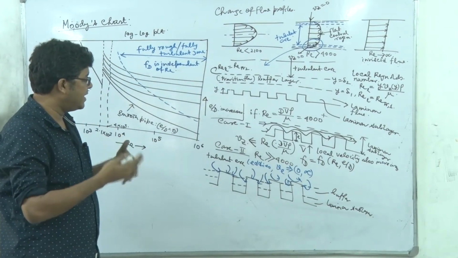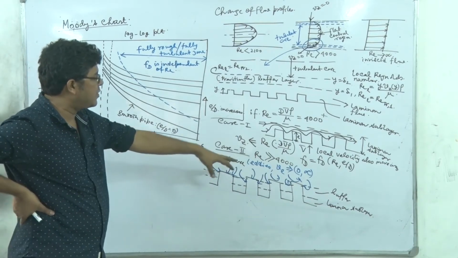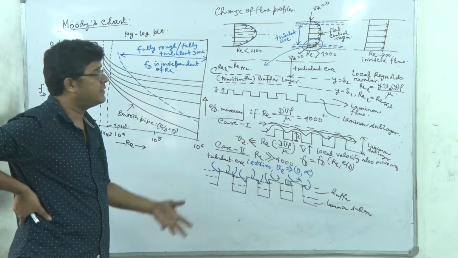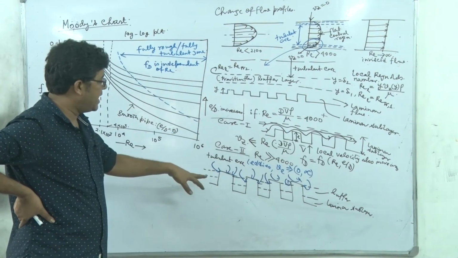They will undergo impact with this roughness element, exchanging mass, momentum and energy. So whenever the eddies have access to this roughness element and the eddy's velocity is independent of the mean flow velocity, what will happen?